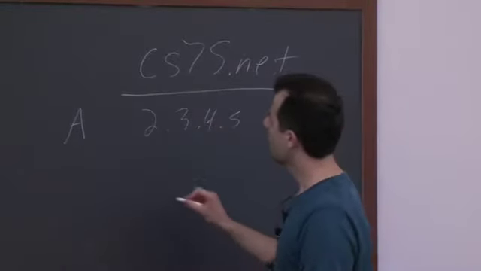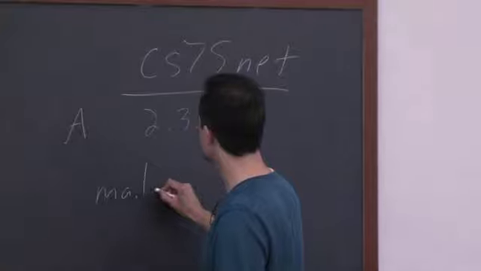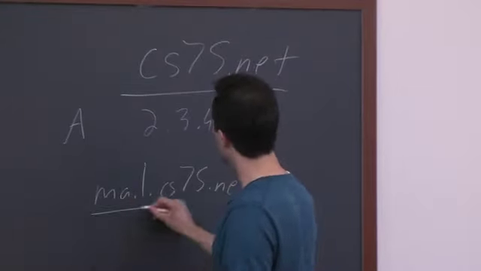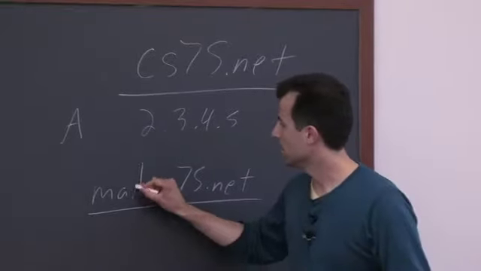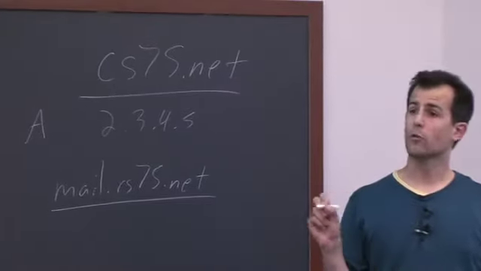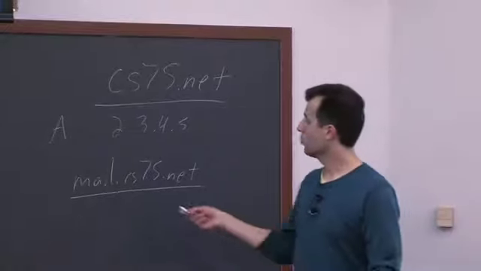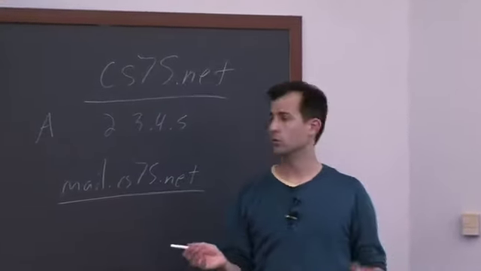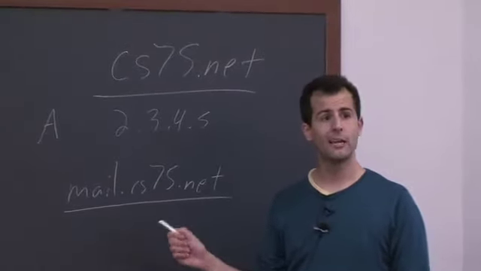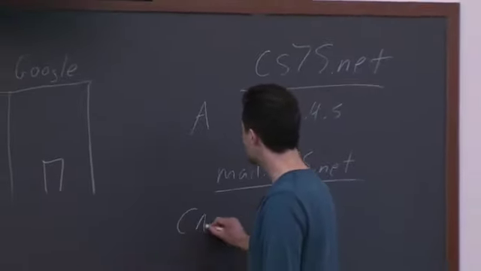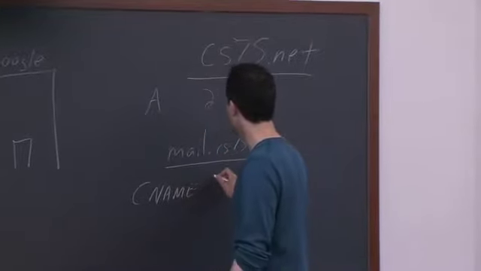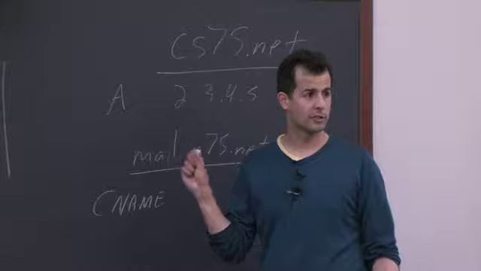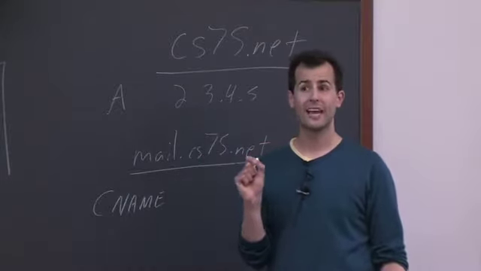But now suppose I want to have something like mail.cs75.net. And don't do this yourself because I'm making up the name as I go. But suppose I read in Google's instructions that if I actually want to be able to visit my Gmail-like interface that I've outsourced to Google at mail.cs75.net, odds are they're going to tell me to make a CNAME record that maps mail.cs75.net to, not an IP address, because that would be slightly annoying because Google's hands would then be tied.